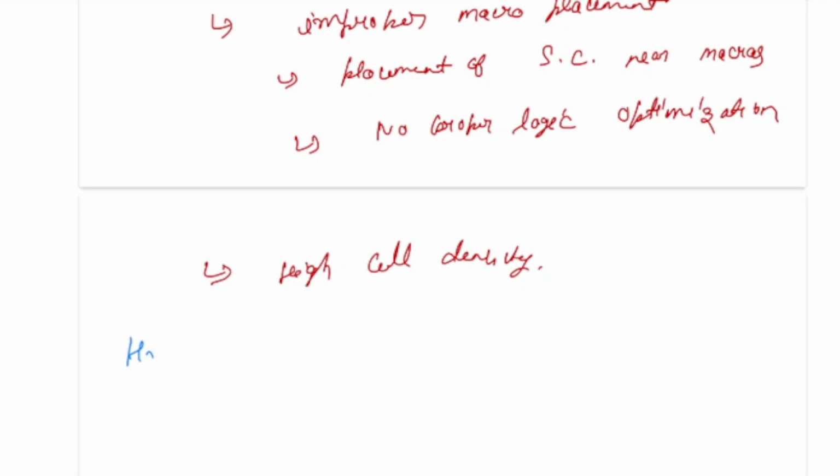Now, how to fix congestion? In your design, if you have congestion, how will you fix it? Add placement blockage.